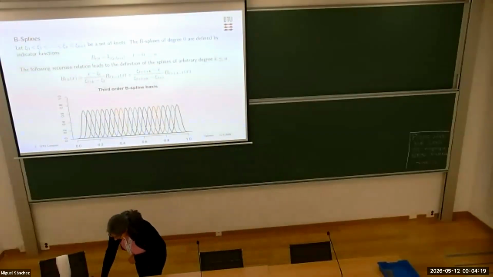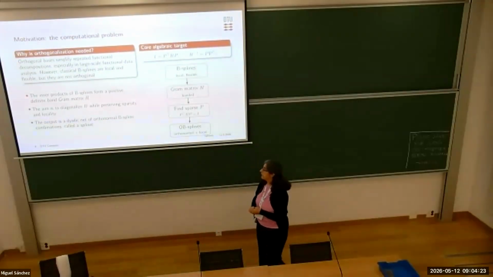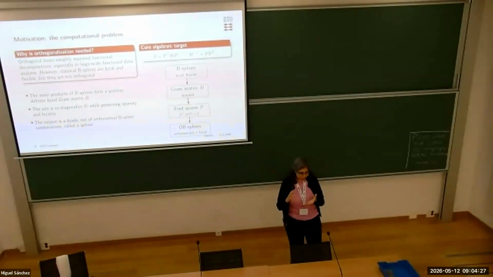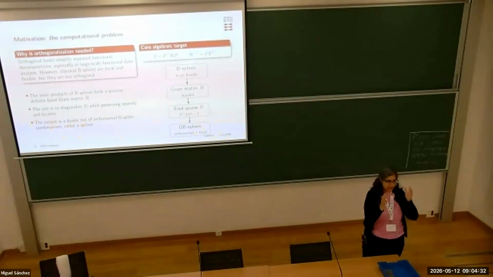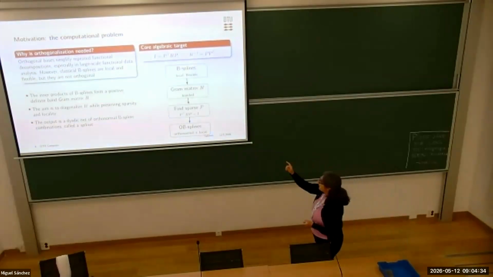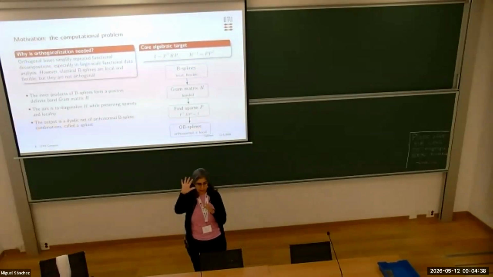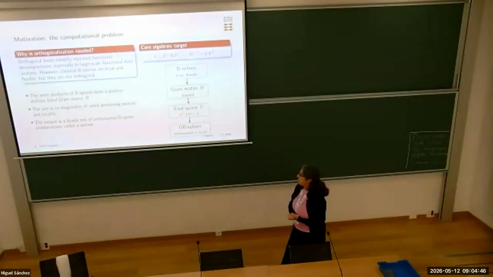But then we said, okay, if we want to orthogonalize those B-splines, it's more mathy here, but if we just do the inner product between these splines and themselves, we get this Gramian matrix, which is H. So if you just imagine I have a set of splines, and then I multiply by the same. So I'm taking the inner product of each with themselves to get the Gram matrix.